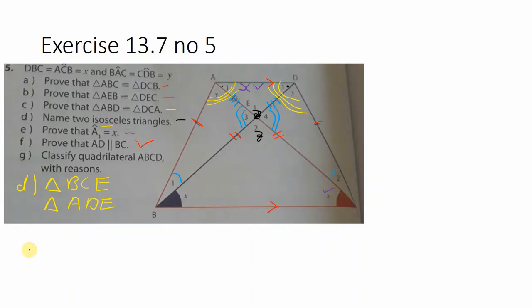So we can safely say therefore that ABCD, so quadrilateral A, B, C, D is an isosceles trapezium.